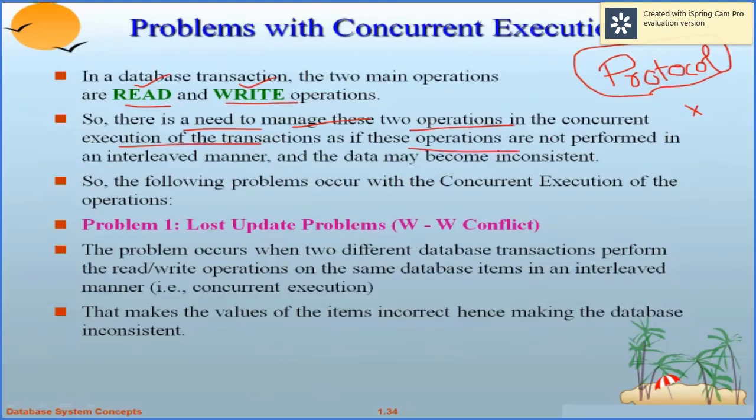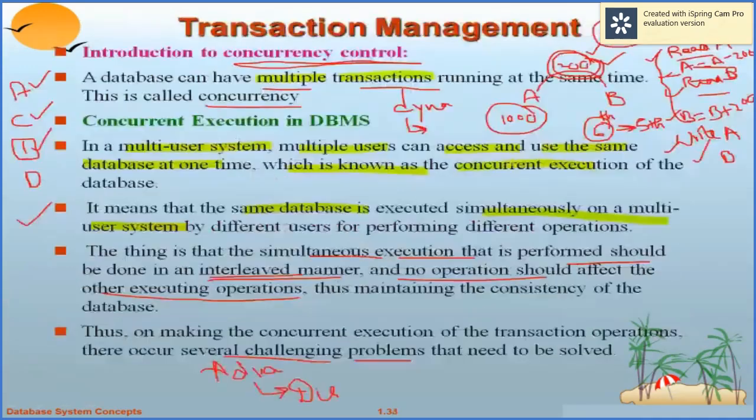If these operations are not performed in an interleaved manner, like if read and write operations in transaction management are not performed in a specified manner, or if they are not performed based on the protocols being framed, then definitely it leads to an inconsistency condition. So what does my ACID property say about?